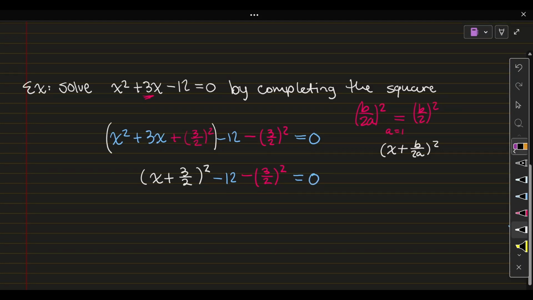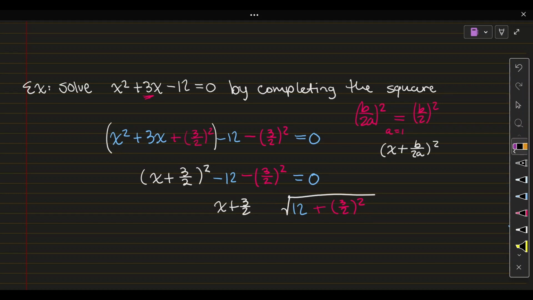So adding this to both sides, I'll have that x plus 3/2 squared is equal to 12 plus 3 over 2 squared. I can take the square root of both sides, and that gives me this.